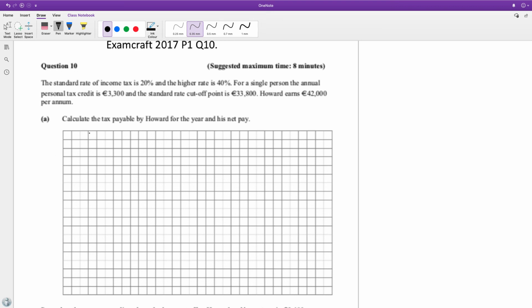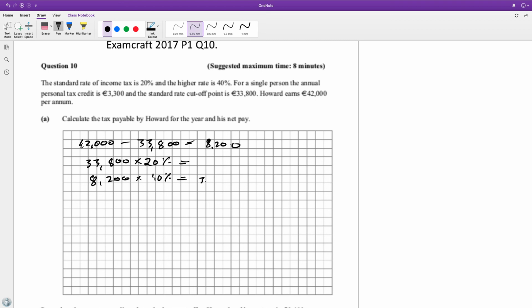So, 42,000 minus 33,800 is 8,200. So, 33,800 multiplied by 20% and 8,200 multiplied by 40%.